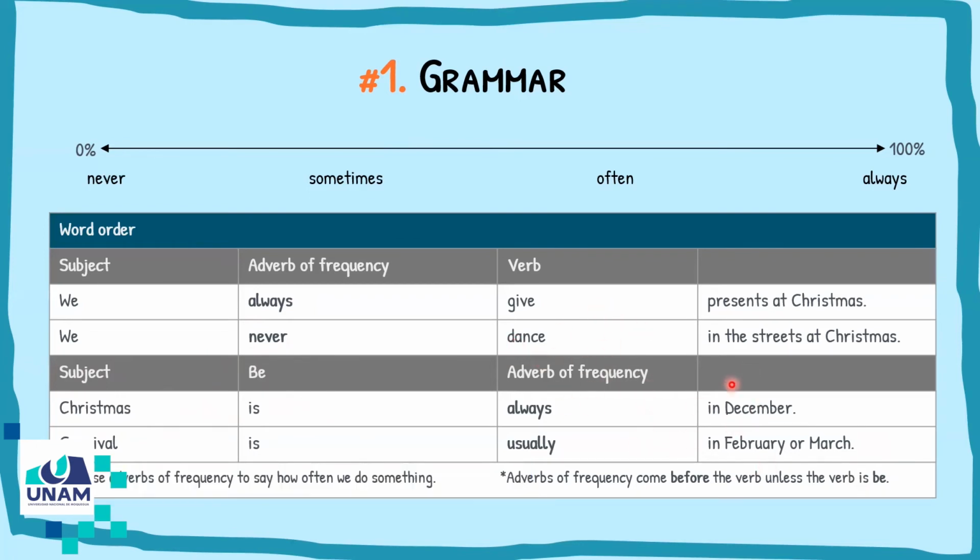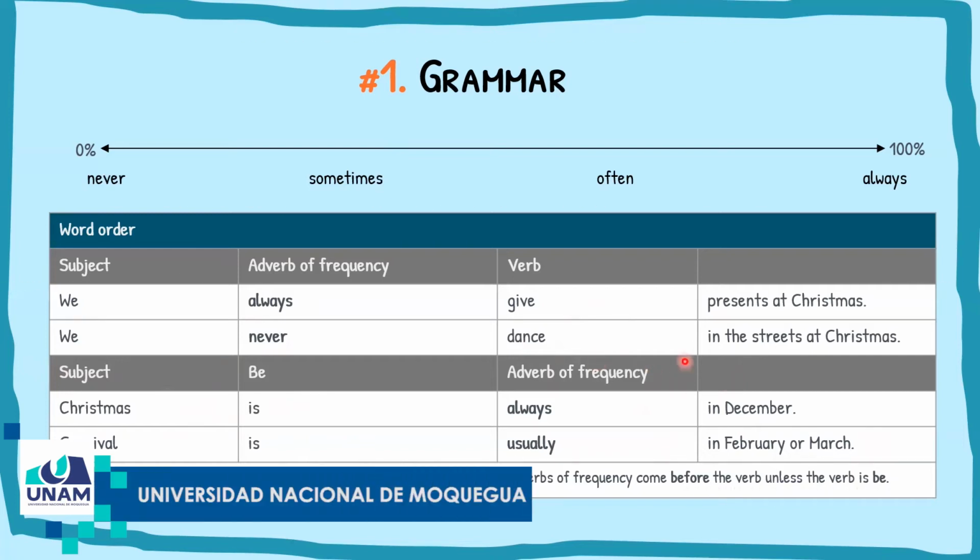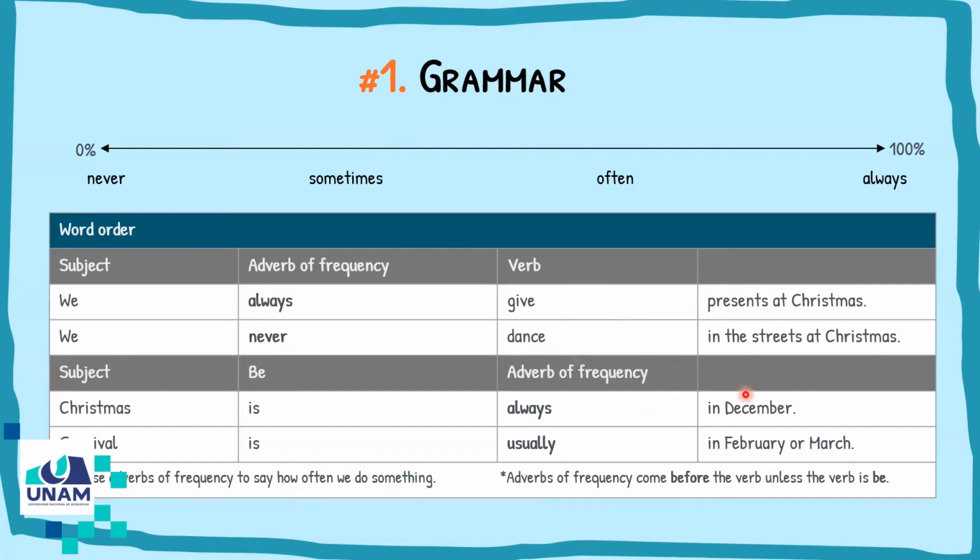And then we have in December. Christmas is always in December. Yeah, this is true. It's 100% probability. And the last one: Carnival is usually in February or March. Okay? It's in the middle, between often and always.